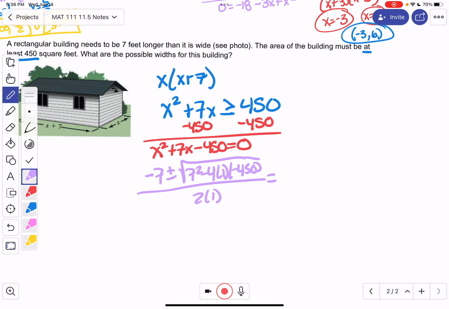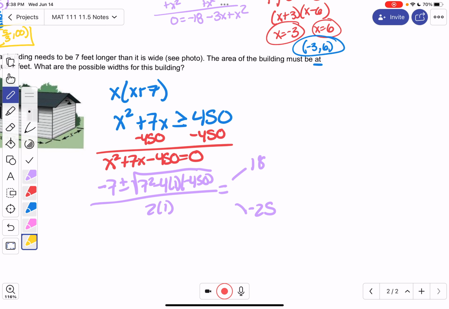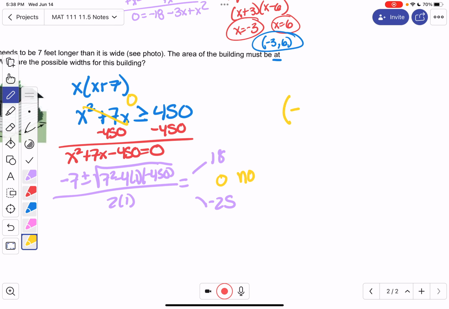If I put that in a calculator, I get 18 and negative 25. So I'm going to test a number that's in between. I'm going to test 0. Is 0 greater than 450? The answer is no. So my intervals would be negative infinity to negative 25 and 18 to infinity.